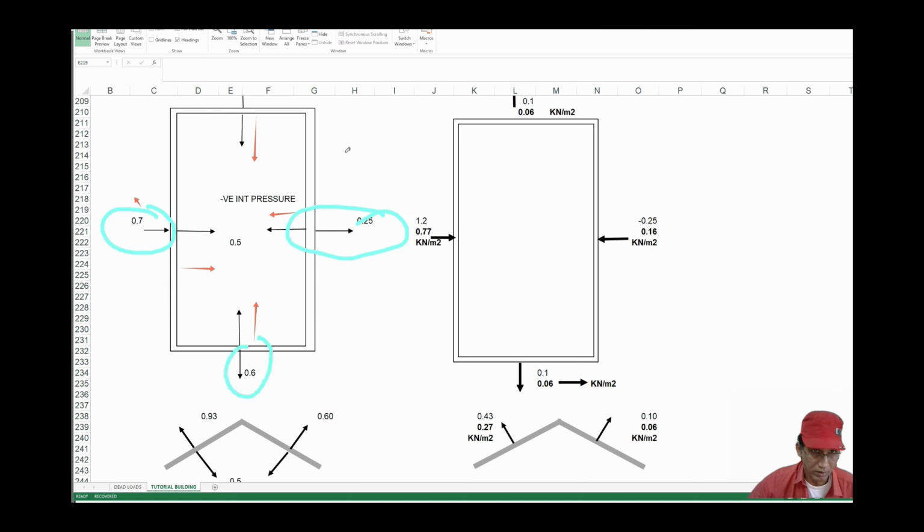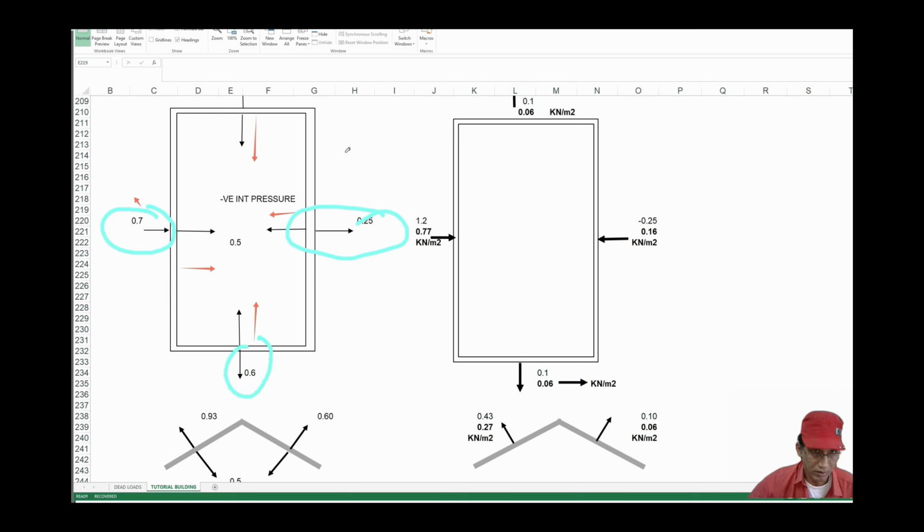So if we see 0.93 and 0.5, 0.93 is positive and 0.5 is in the opposite direction, the negative direction of y. So the effective pressure coefficient works out to be 0.43 here.